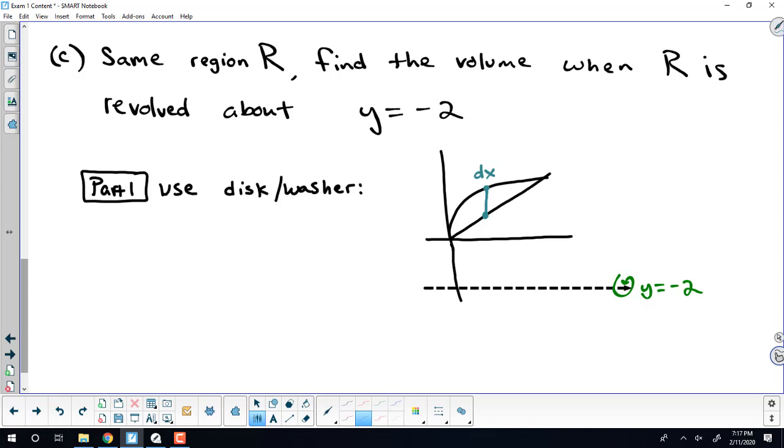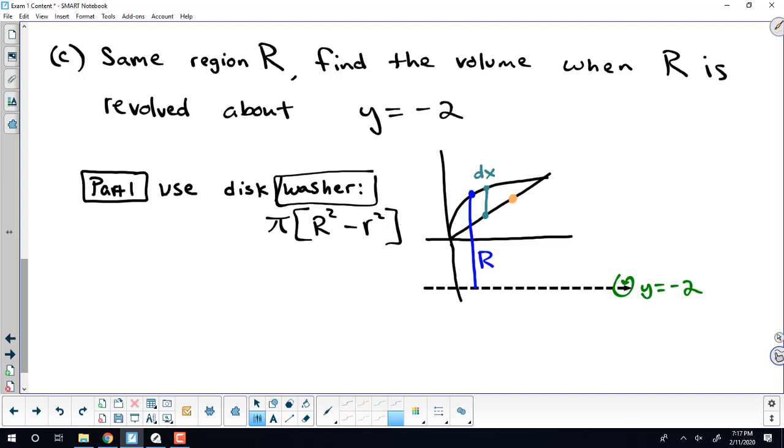So we have to do pi times outer radius squared minus the inner radius squared. The function furthest from the axis of revolution, that distance is your capital R, outer radius.